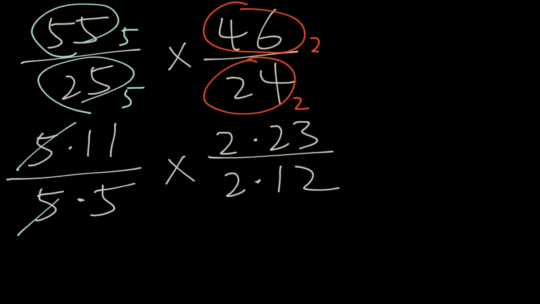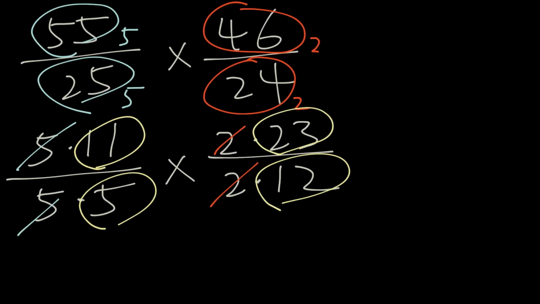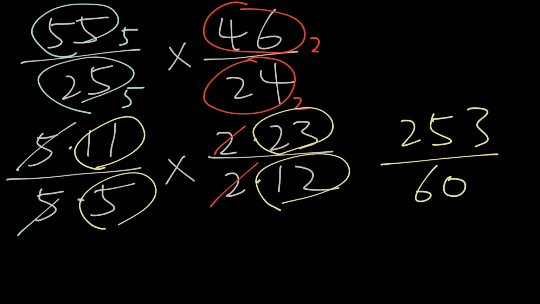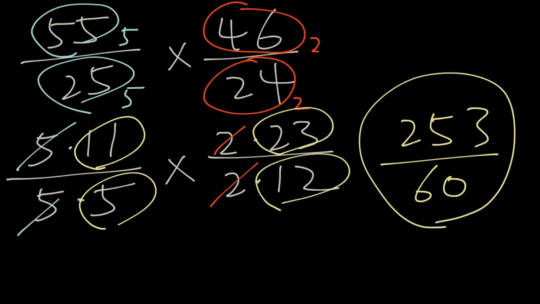Okay, so we can cross out the 5, cross out the 2, and now we're left with the remaining numbers, and by multiplying together, we'll have 253 over 60. Now this can no longer be simplified further, so this would be our final answer.